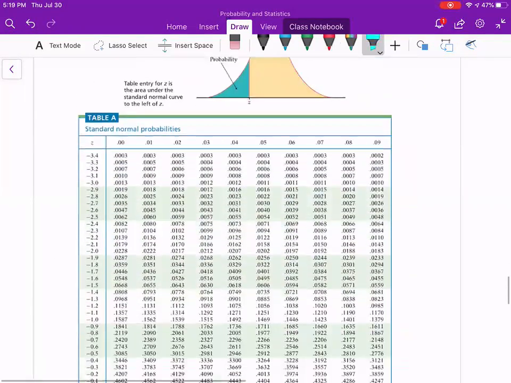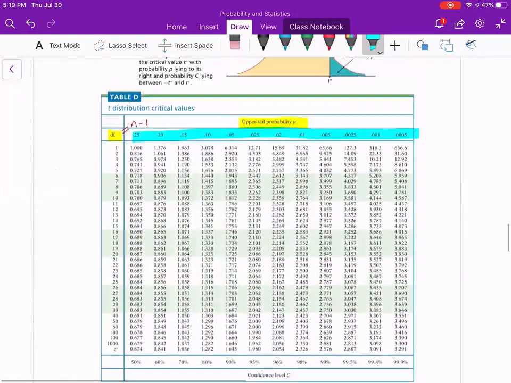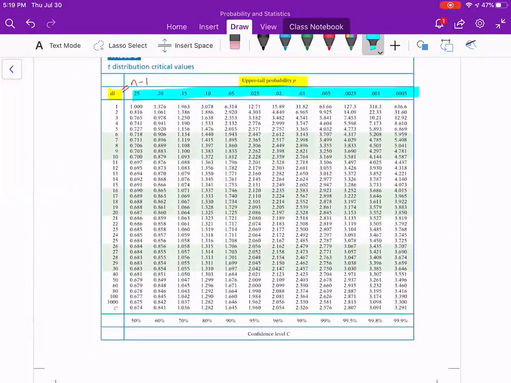The reason I ask is because in the Z table, the main body were your probabilities, and your Z scores were the first column and first row. So we know where the probabilities are, we know where the degrees of freedom are. What's the main body? The critical values. Yeah, these are your critical values, or T scores. You could call them either.